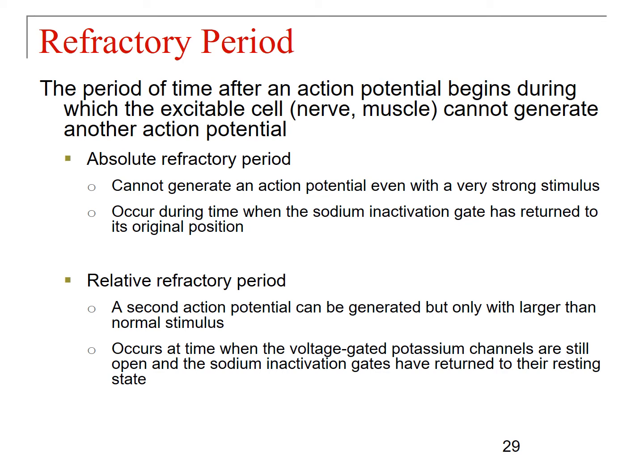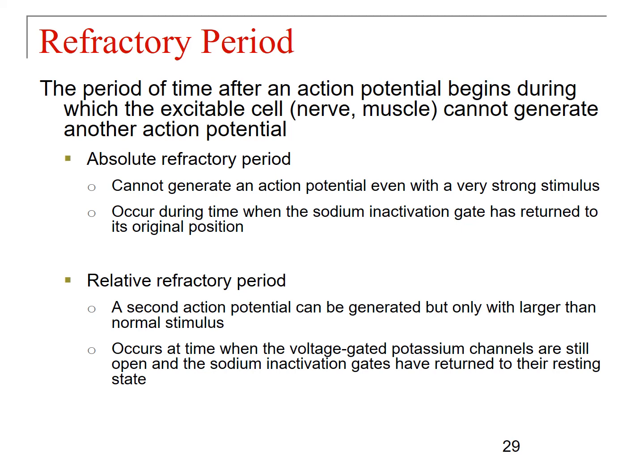And this occurs during the time when the sodium inactivation gate is closing up the channels. Now, a relative refractory period means that you can generate a second action potential, but only if you've got a larger than normal stimulus. So this occurs while the voltage-gated potassium channels are still open and the sodium inactivation gates have returned to their resting state.